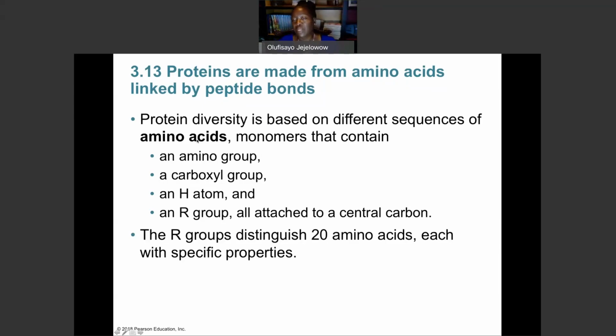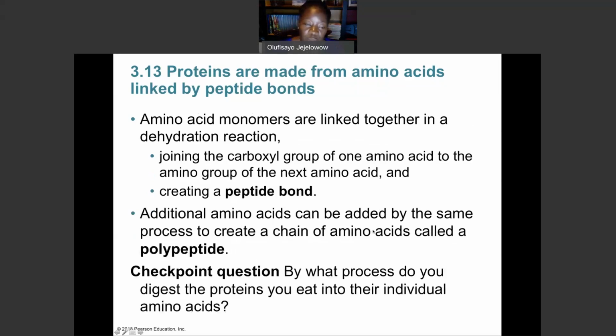So what is an amino acid? An amino acid is a monomer that has an amino group, a carboxyl group, a hydrogen atom, and an R group. All of these, 1, 2, 3, 4, are attached to a central carbon atom, but the R groups distinguish 20 amino acids, each with specific properties.